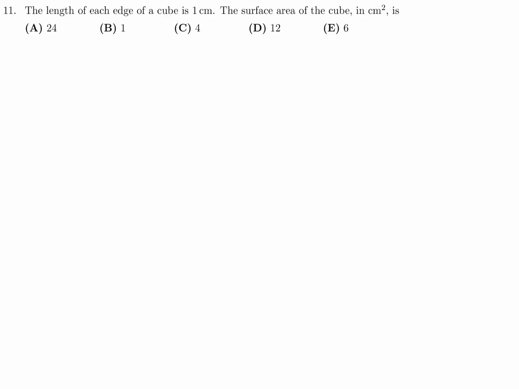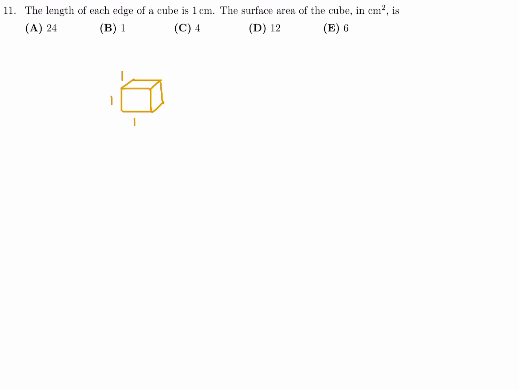The length of a cube edge is 1 centimeter. The surface area of the cube is. A cube, as you are well aware, has 6 faces, correct? And the length of each side, they're saying, is 1. Length times width times height will all be the same for a cube.